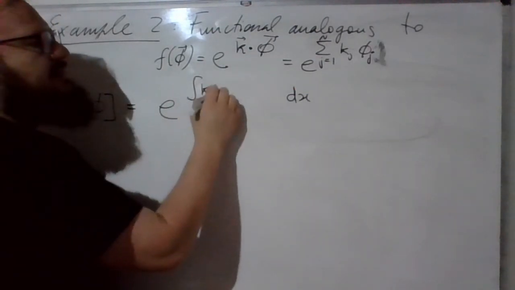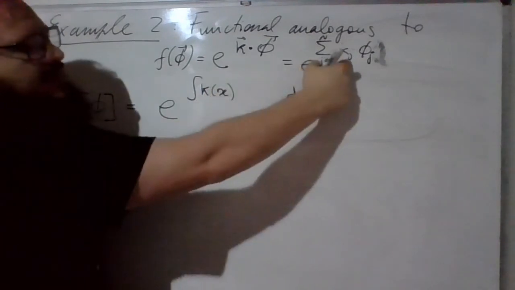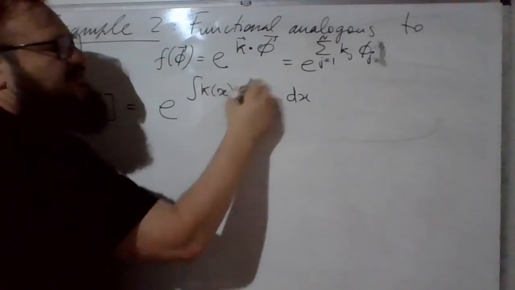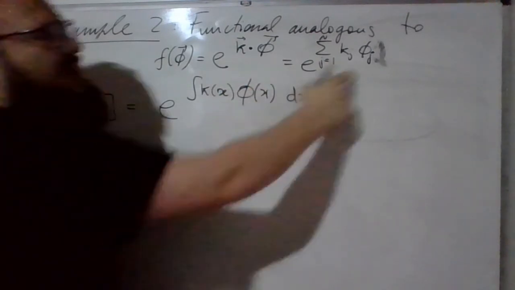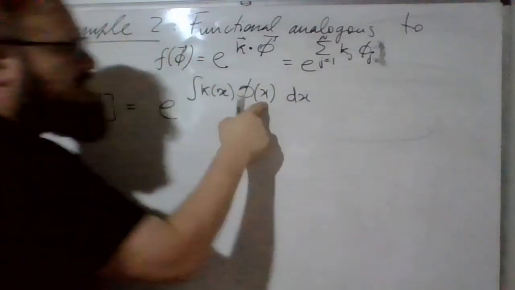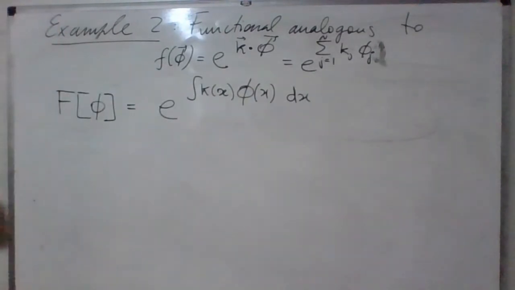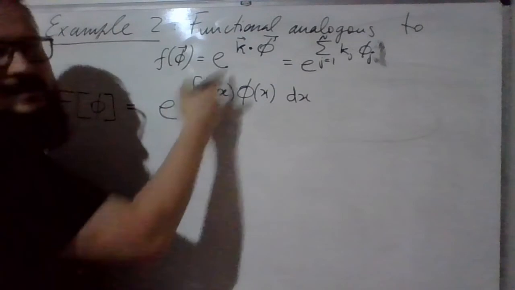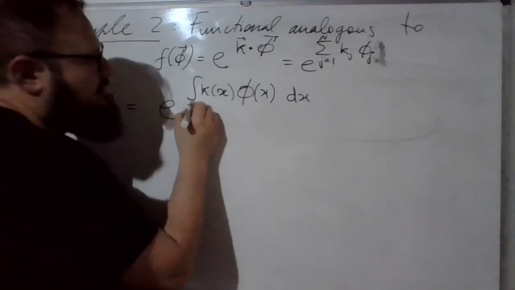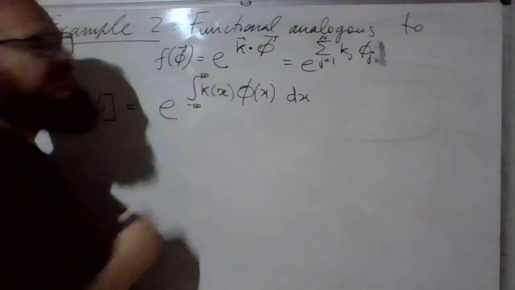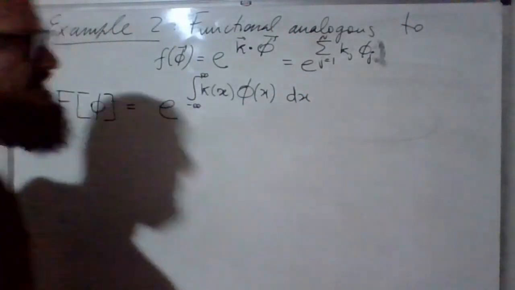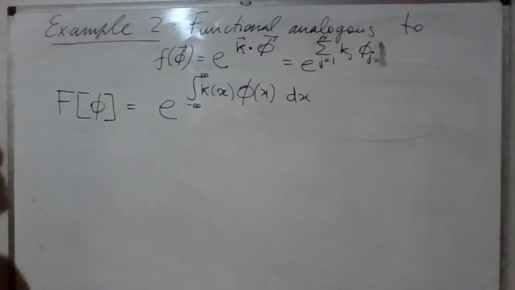K of x, j becomes a continuous index, phi becomes a function of this j. This is the analogous, and the limits of integration, without loss of generality, we will take from minus infinity to infinity. Okay, so this is the analogous.